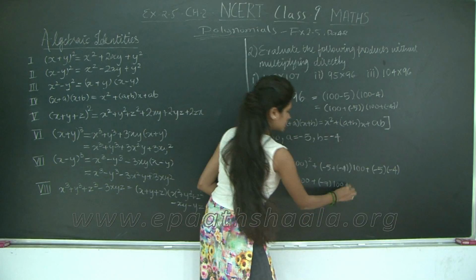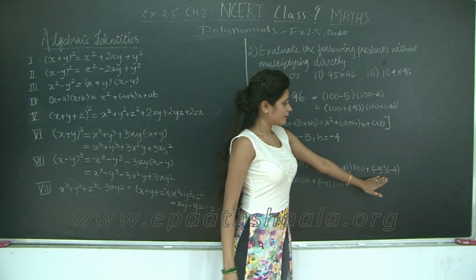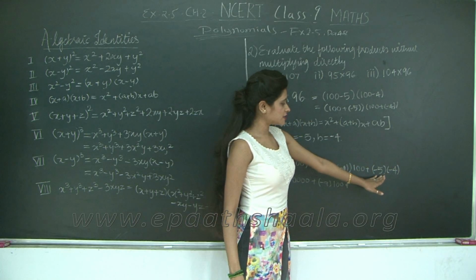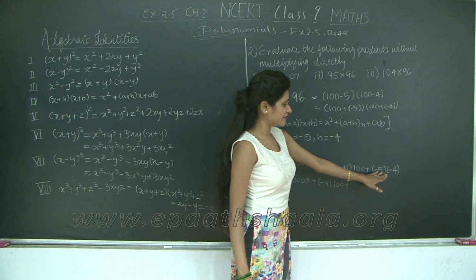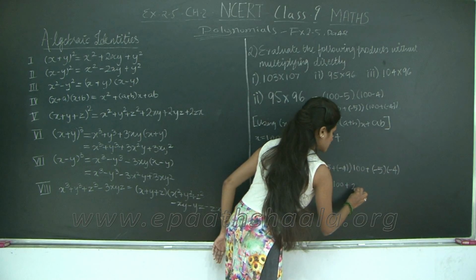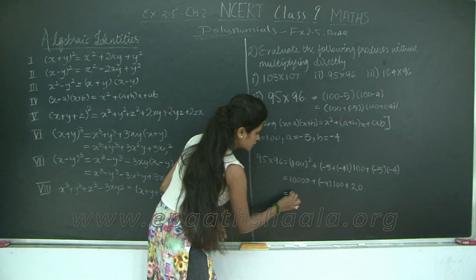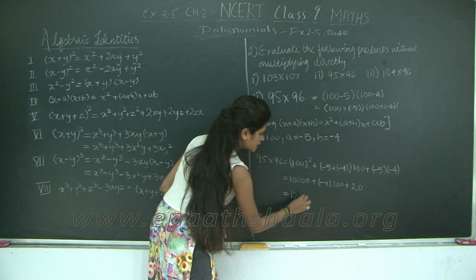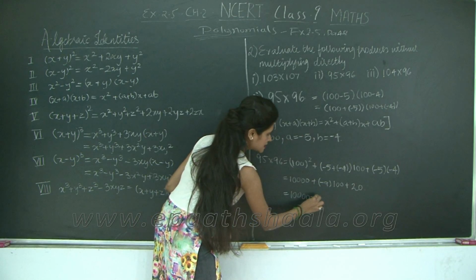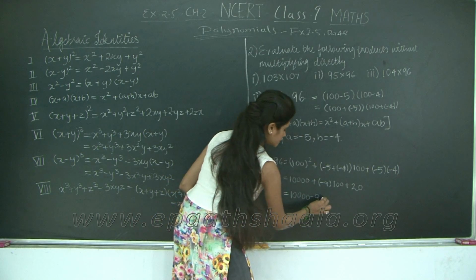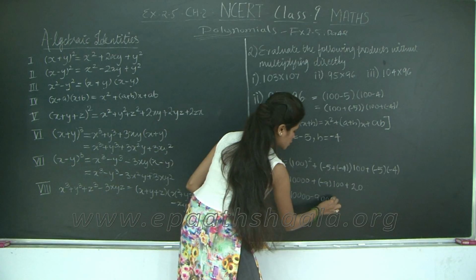Correct? Plus minus 5 into minus 4. So minus into minus is going to give me a plus, and 5 4s are 20. So I will write plus 20. Okay. Now I have 10000 minus 900 plus 20.